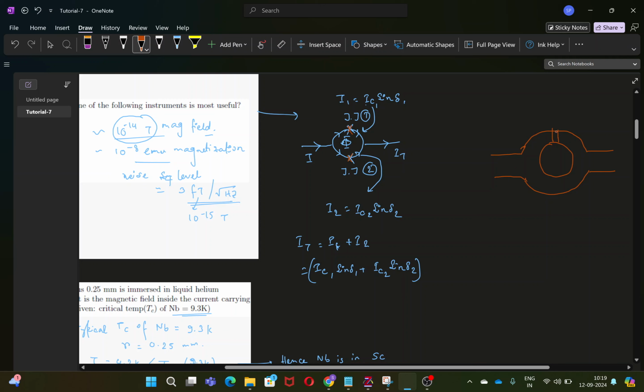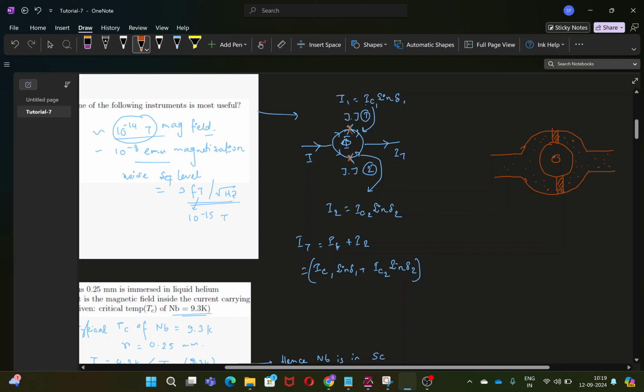Here there is one Josephson junction, so this is the insulating barrier in between, and in the bottom there is another Josephson junction, so another insulating barrier in between. Other than that, all these parts are just superconducting materials. So these dotted parts I am drawing are made of superconductors, and this dashed part is the insulating regime.